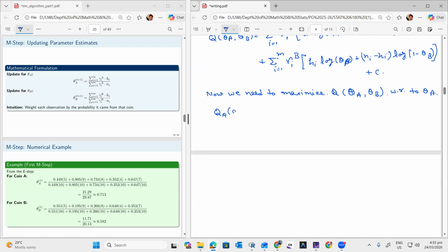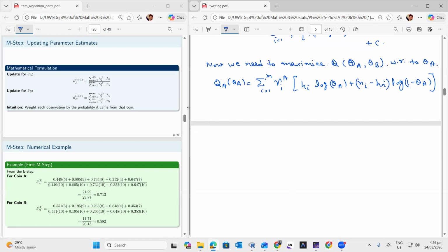With respect to theta A, that will be the summation over i from 1 to m of gamma iA into Hi log theta A plus Ni minus Hi log of 1 minus theta A. We need to consider only this part, so find the partial derivative with respect to the parameter theta A of QA.